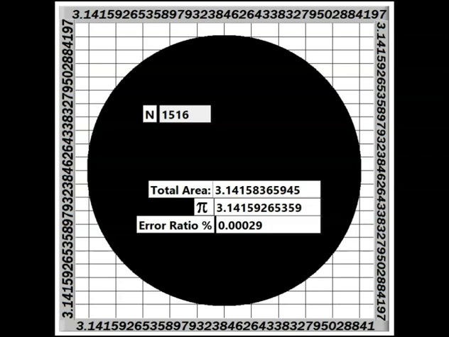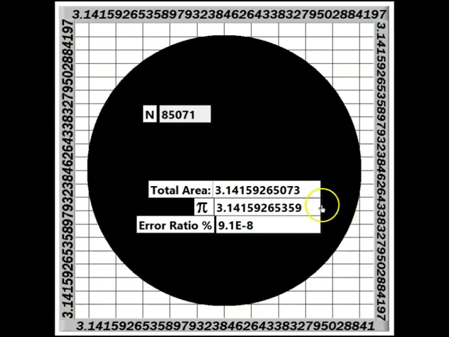1500, 2000, 4,700, 8,500. You can see that the total area is getting closer and closer to the true value of pi. 11,000, 15,000, 27,000, 35,000, 47,000, and we're going to stop at 85,000.